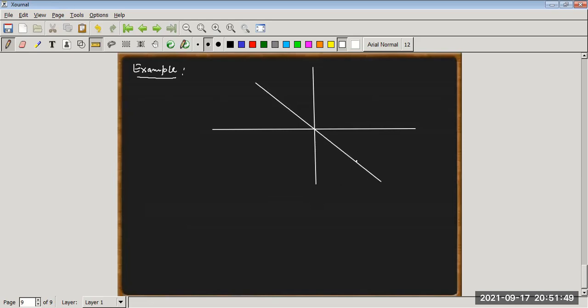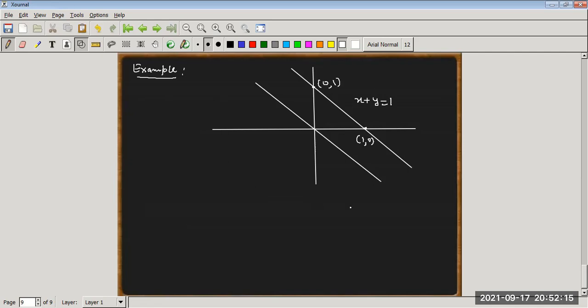We have checked this. But any line which does not pass through the origin is not a vector space. If we consider this example, x plus y equal to 1, this is our element 1 comma 0, this is 0 comma 1.